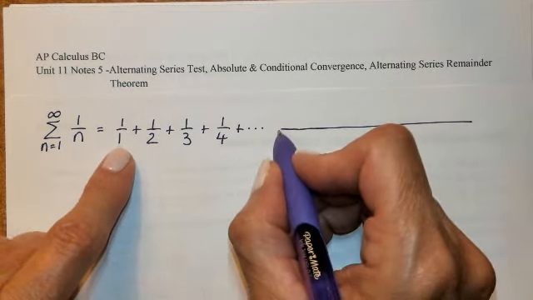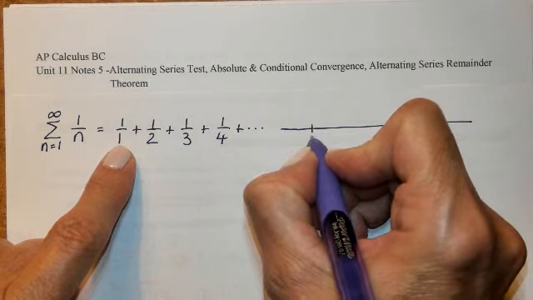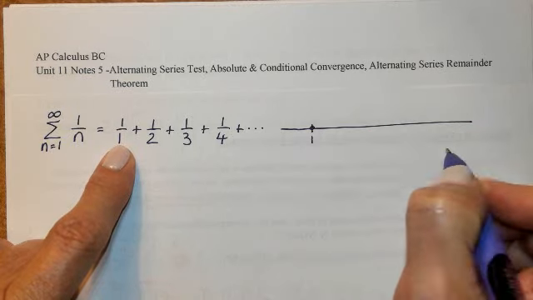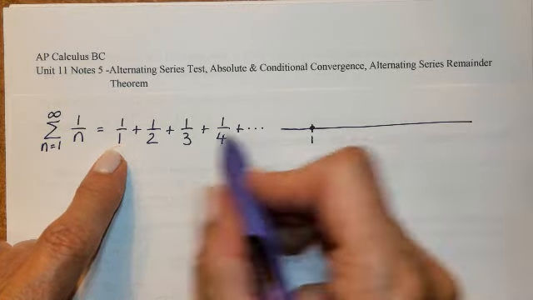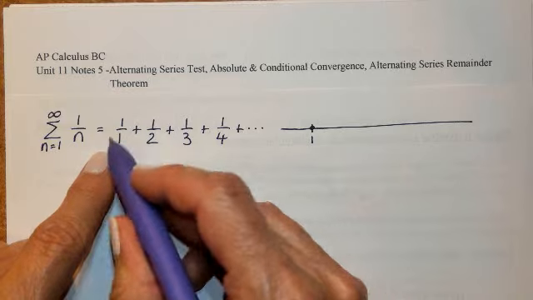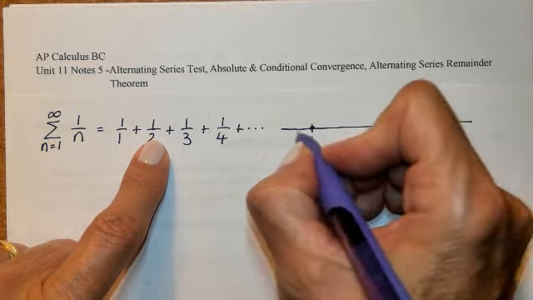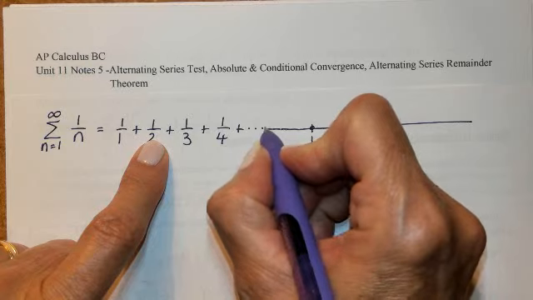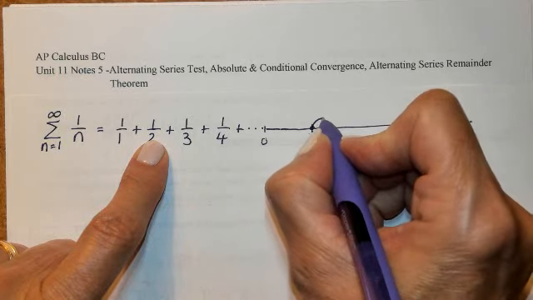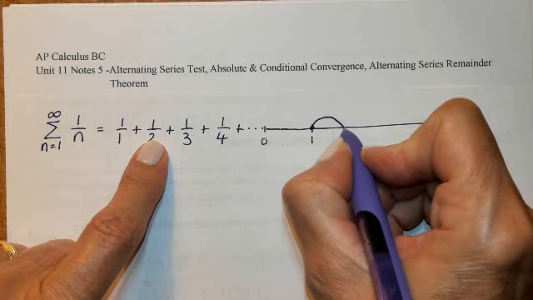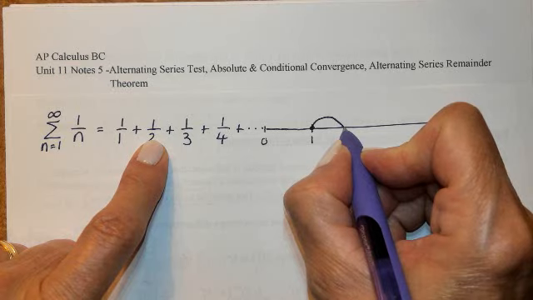The first sum would be out at 1. The second partial sum would be 1.5, so we would go from 1 and add a half. Let's say that 0 is out here, so adding a half takes us to around here, and then we would be at 1.5.